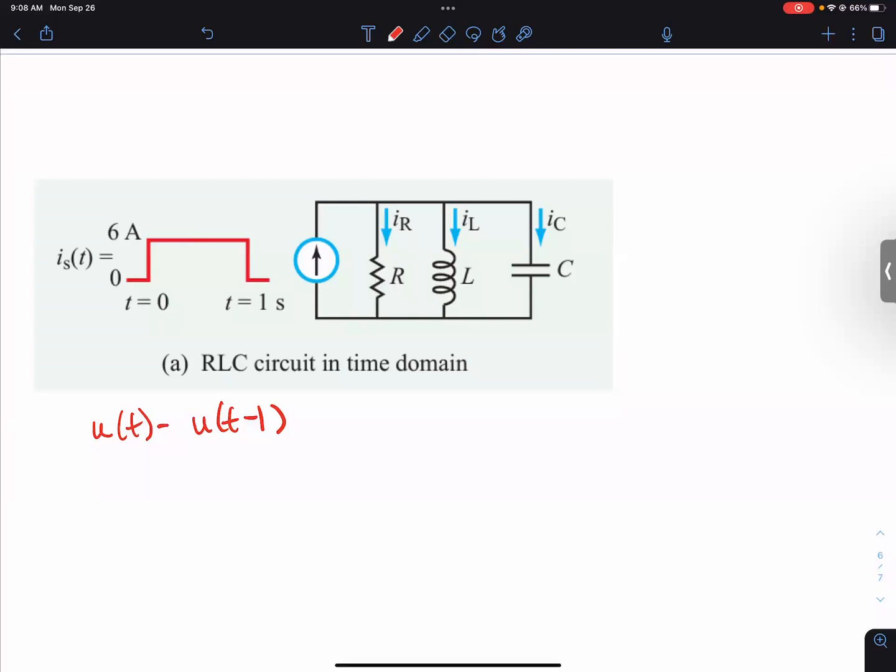And when you have U of t, it's just a 1, and this goes to 6. So what would I do? Yep. So it'd be 6u of t minus 6u of t minus 1. So that is the mathematical description of that signal right there. So this is i of t is equal to that.